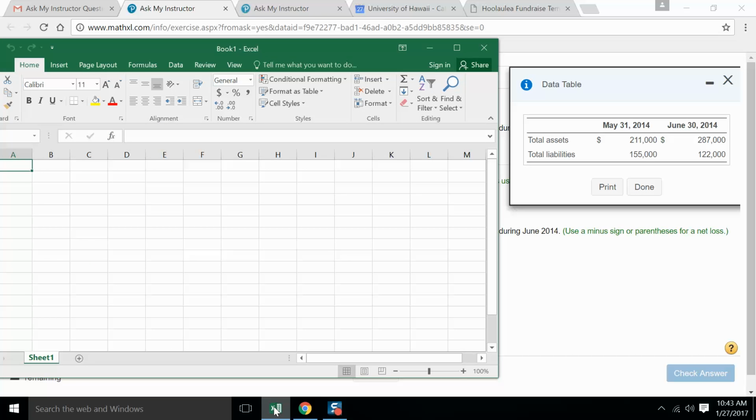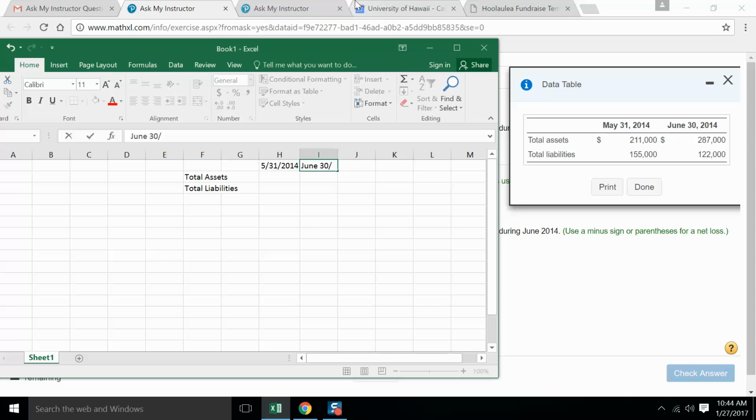I would take my, see, we got total assets and we got total liabilities, right? And you got May 31st, 2014 and you got, oh I'm sorry, June 30, 2014. So the end of each month.